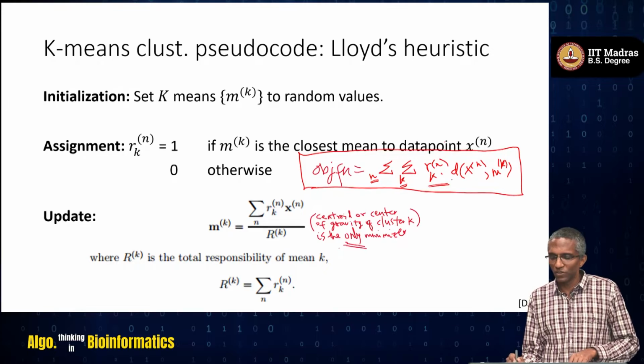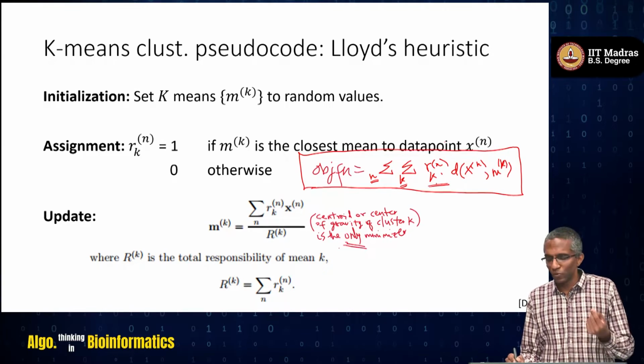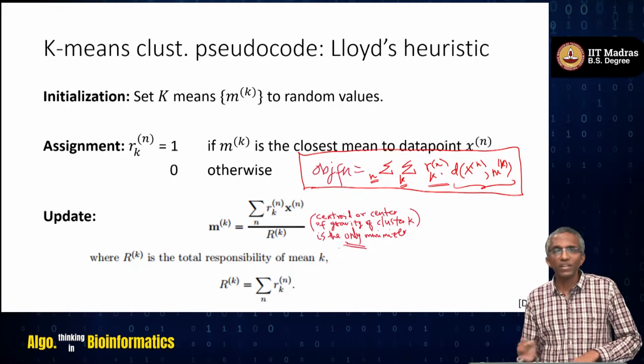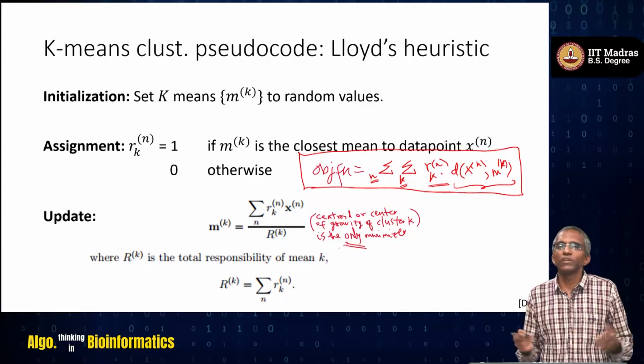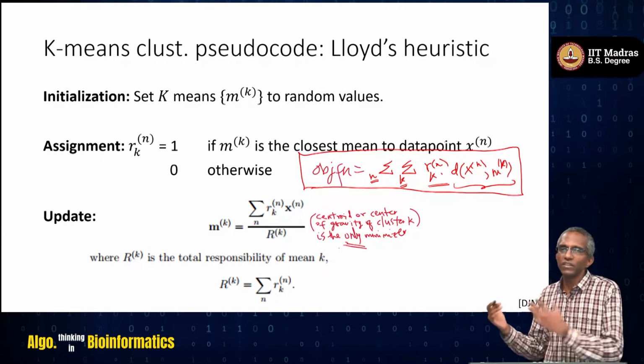So you only select the data points assigned to cluster k, and then you look at the sum of squared distance between x_n and m_k. This will be your overall objective function that takes the sum of squared distances of every data point to the nearest cluster center.